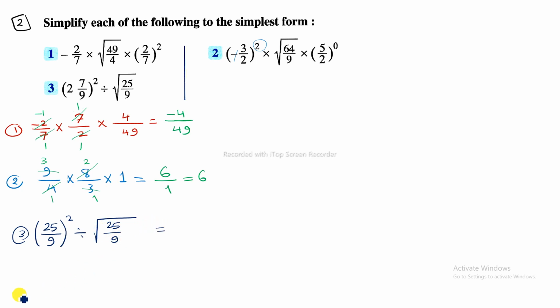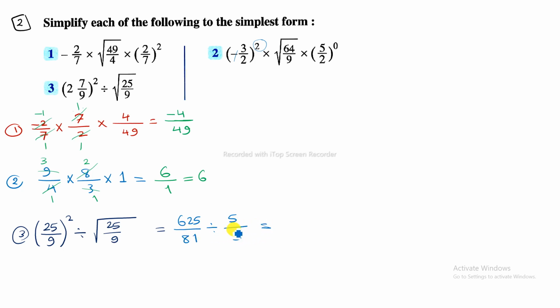Here 25 to the power of 2 is 625 by using the calculator. 9 power 2 is equal to 81, divided by square root 25 which is 5, square root 9 is 3.